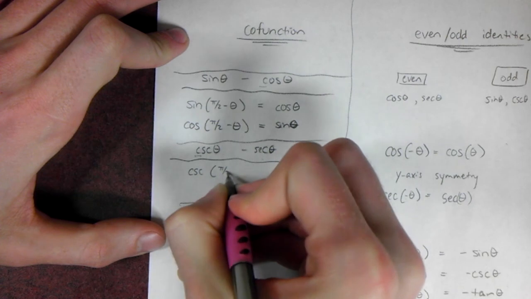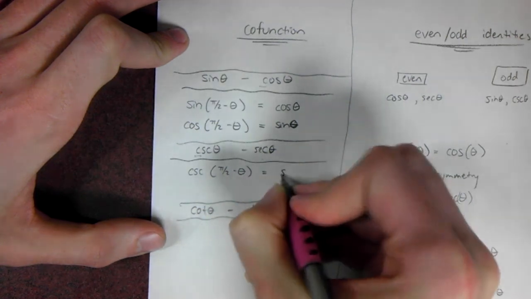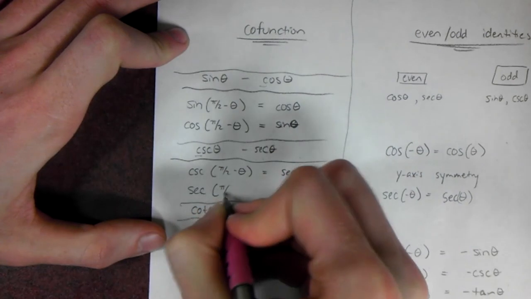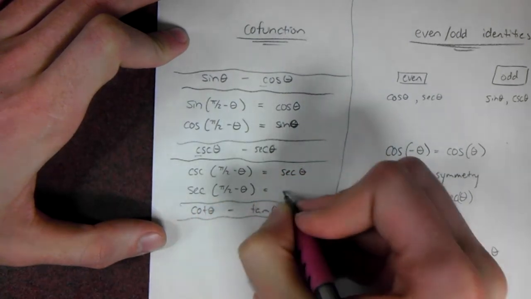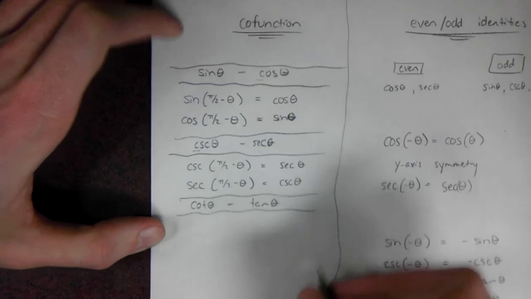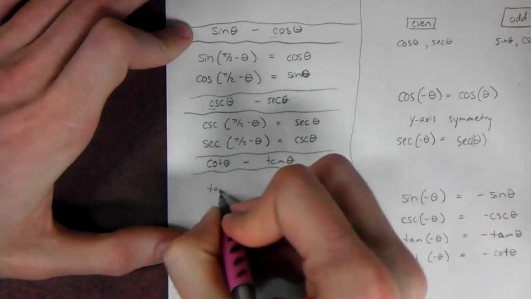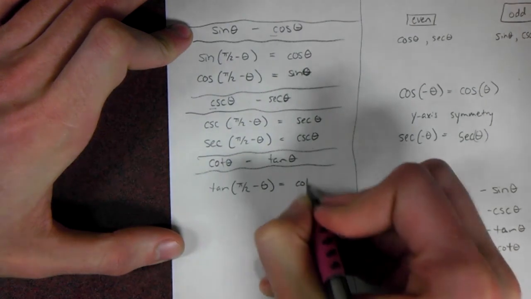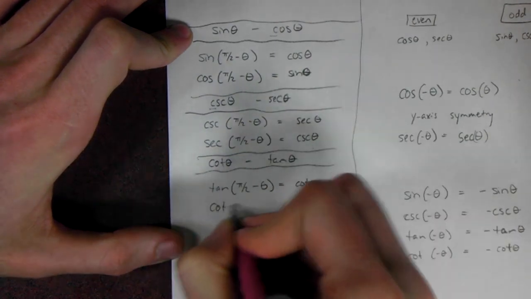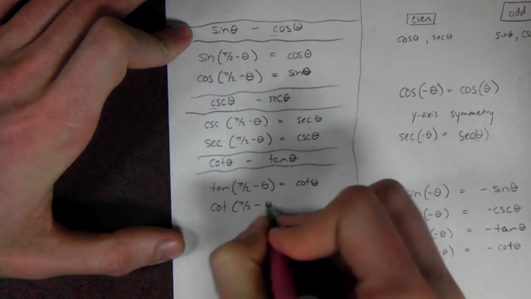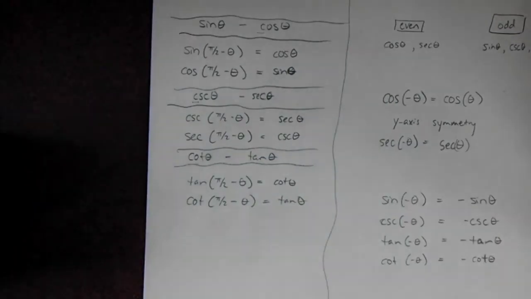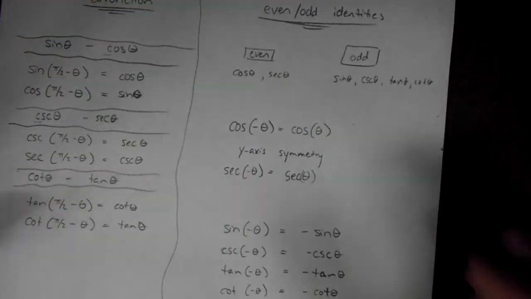Cosecant of pi over 2 minus theta is secant of theta. Secant of pi over 2 minus theta is cosecant of theta. And same idea for tangent. Tangent of pi over 2 minus theta is cotangent, and cotangent of pi over 2 minus theta is tangent. Okay, so you got your cofunction identities, your even and odd identities. You'll need to know those.